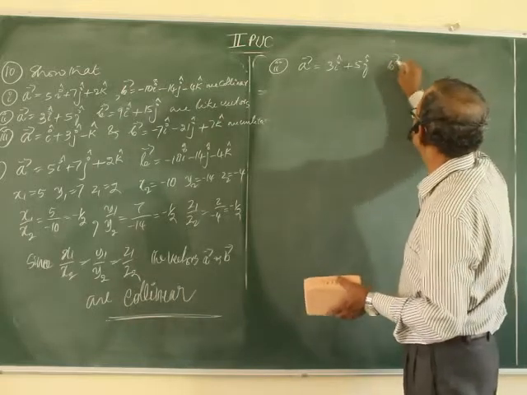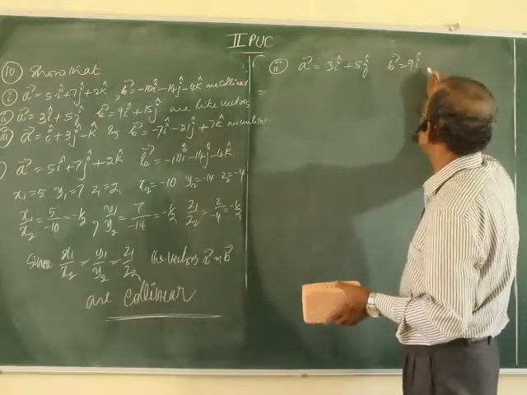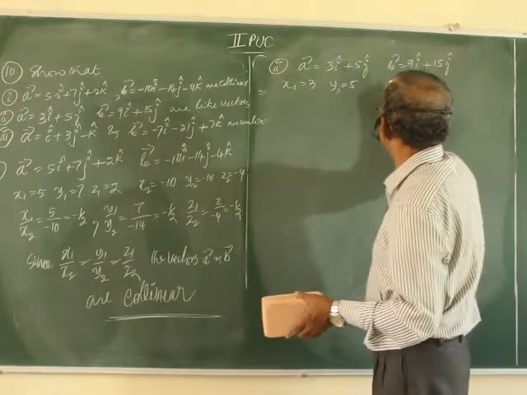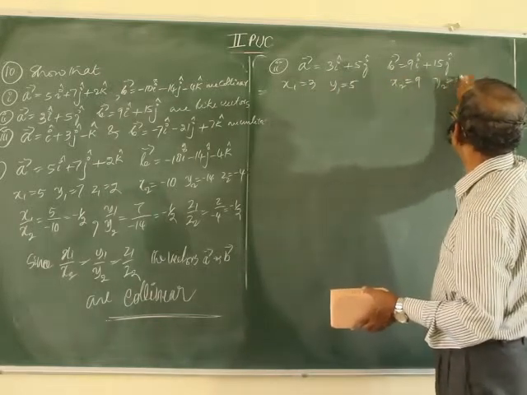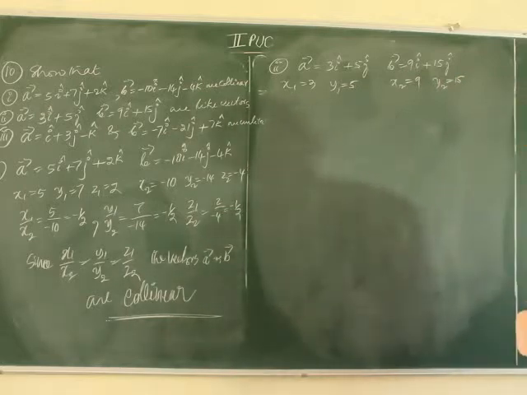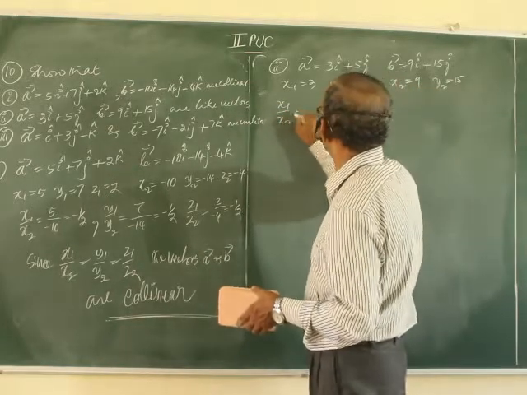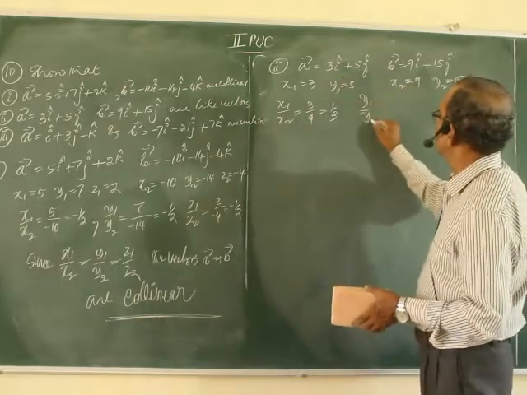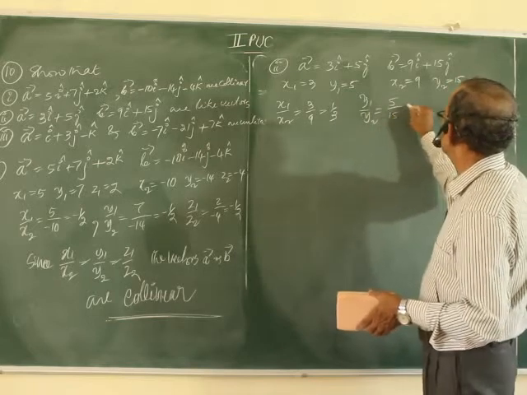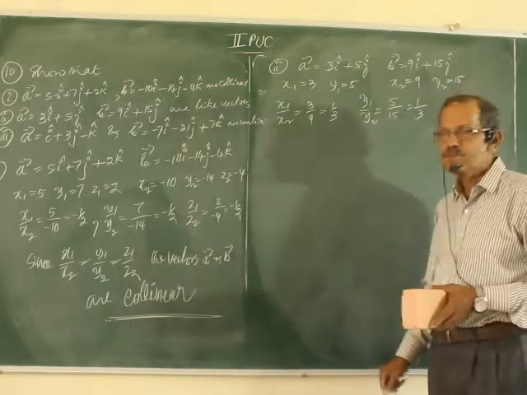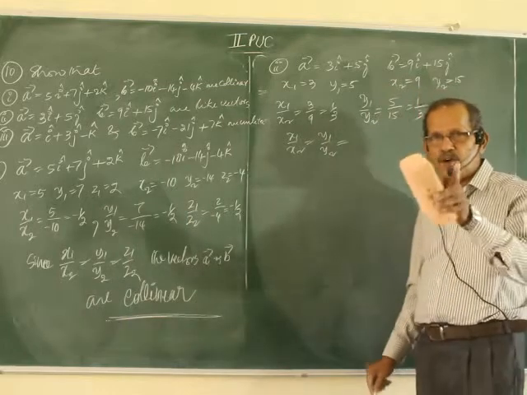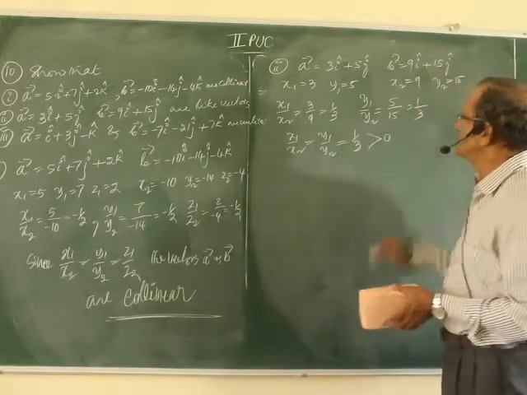B equal to 9i plus 15j. x1 is 3, y1 is 5, x2 is 9, y2 is 15. x1 by x2, 3 by 9, 1 by 3. y1 by y2, 5 by 15, 1 by 3. x1 by x2 equal to y1 by y2 equal to that constant, which is required to be greater than 0.